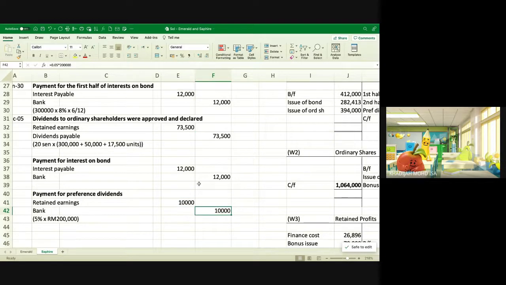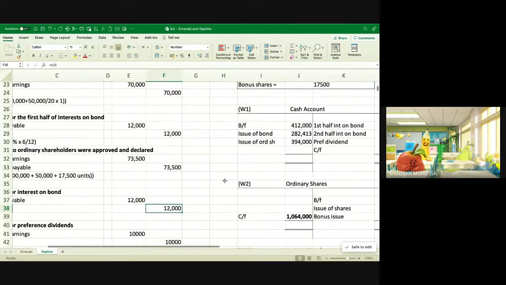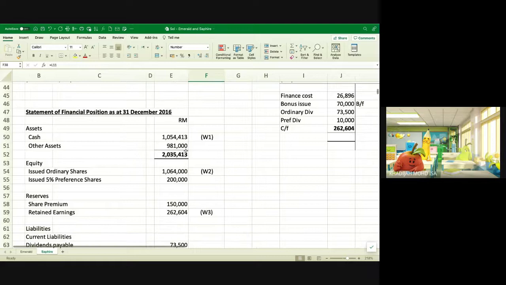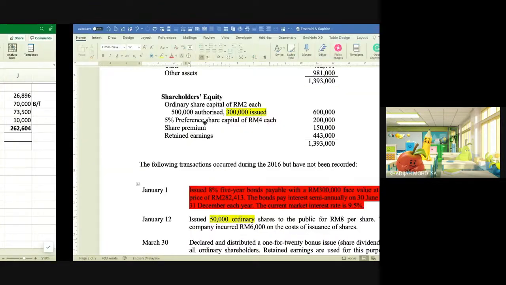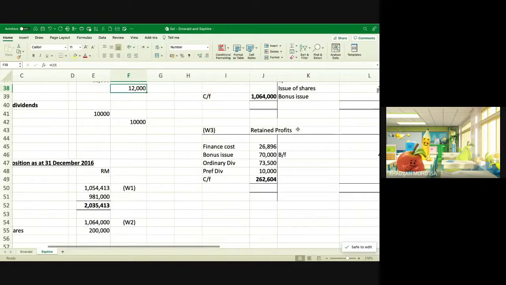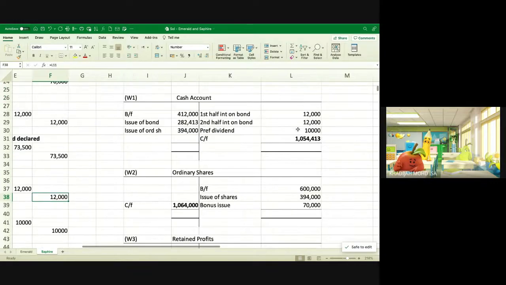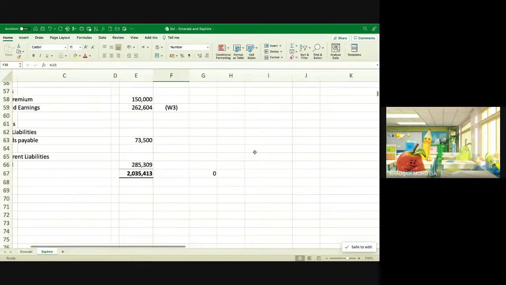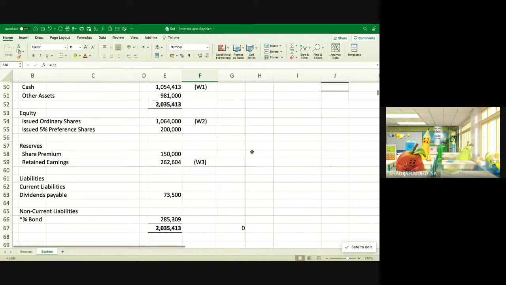Interest on bond, this one is for the second half, so interest payable is 12,000 and 12,000. When you need to do the statement of financial position, you have to do some workings on the cash account, ordinary shares, and retained profits, in order to get the updated balance of your accounts.